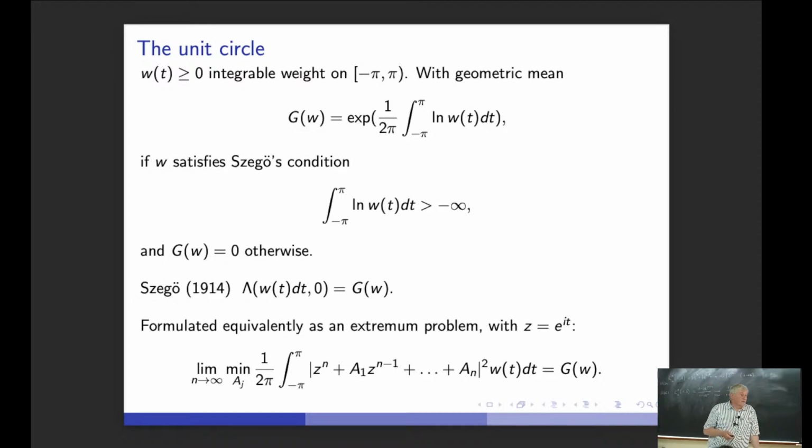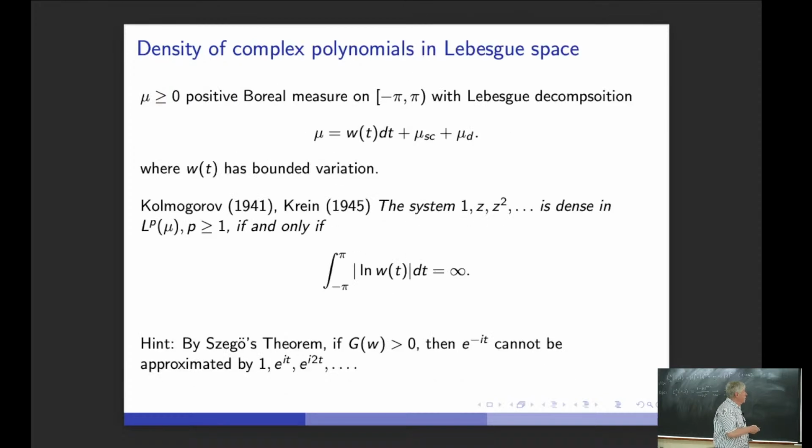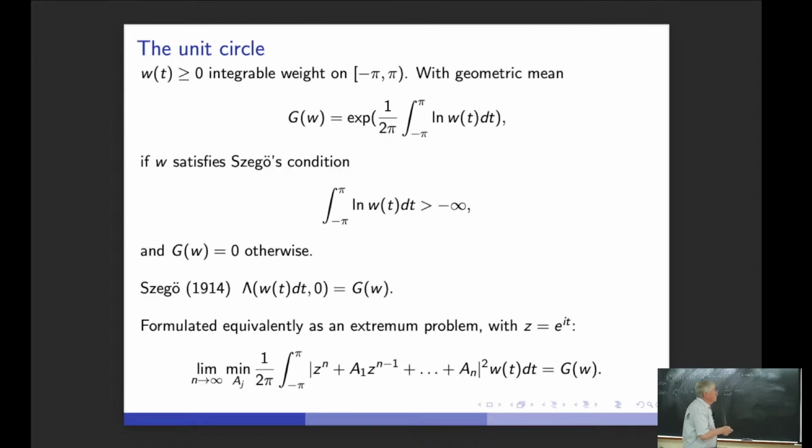We take a weight, absolutely continuous with respect to arc length, and we compute the Christoffel function at the center of the disk. Believe it or not, it's exactly this geometric mean, which turns out to be magic for many interesting properties.